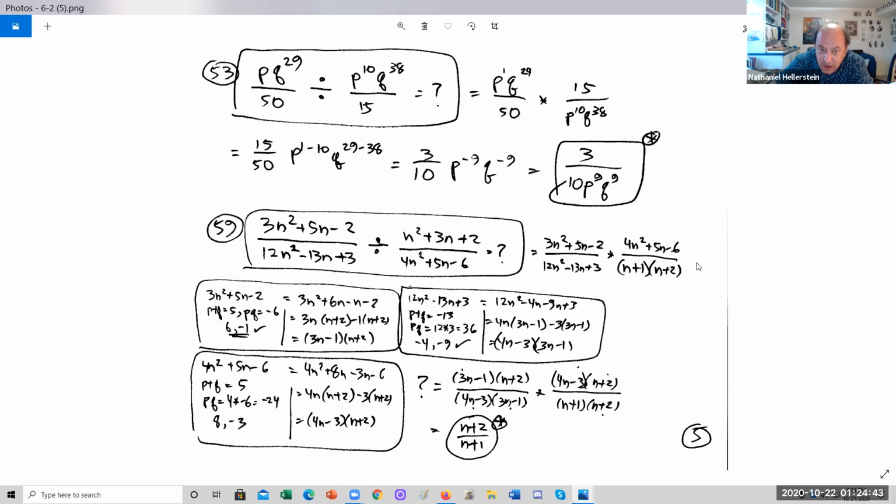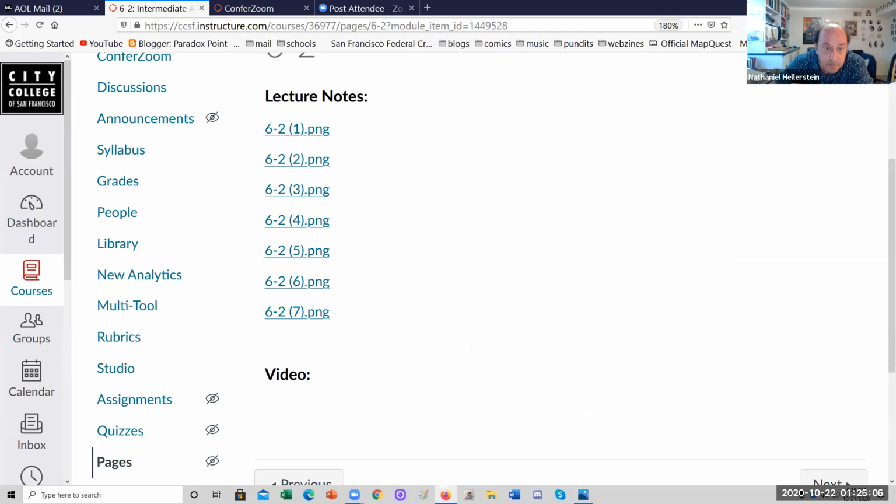And then we factor each and every one of these by the AC method. And we get something like this. And again, the 3n minus 1's cancel, the n plus 2's cancel, the 4n minus 3's cancel. And so all that's left is n plus 2 over n plus 1.